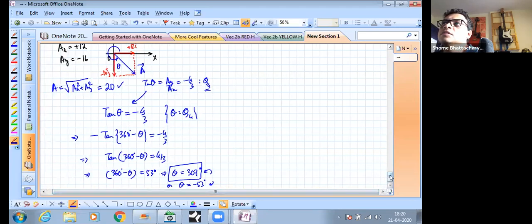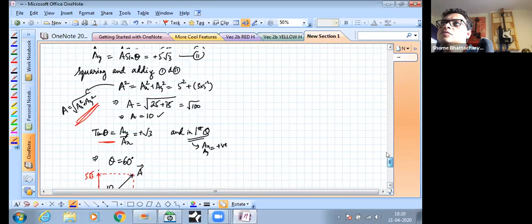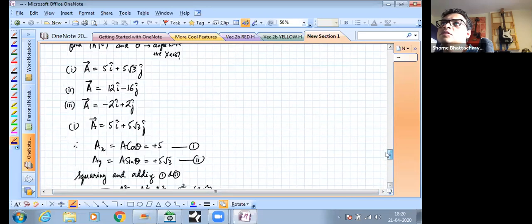Okay, now I'll quickly move on to this one. Okay. So this, as you would have guessed, is now lying in which quadrant? Second quadrant, because the x component is negative and the y component is positive. So I'll just make a quick review of this one before.